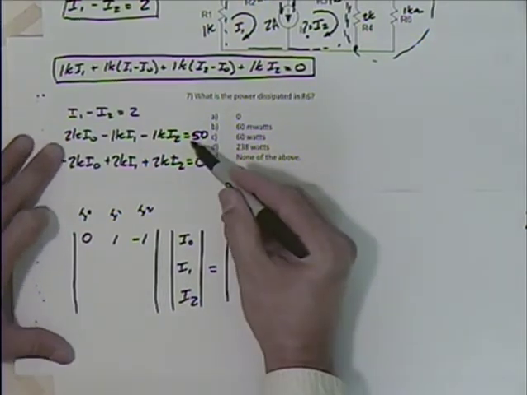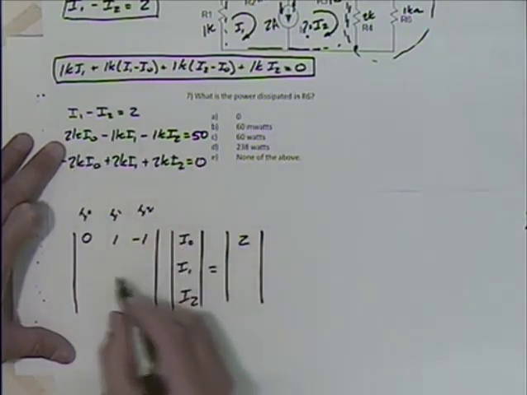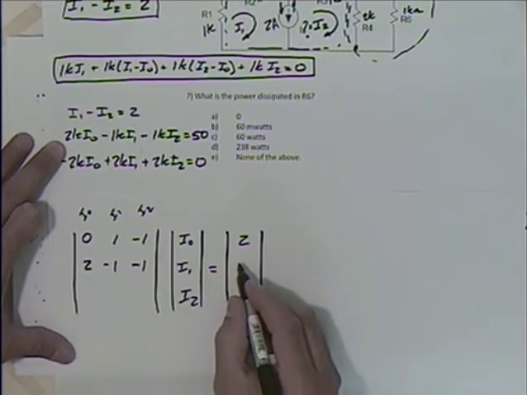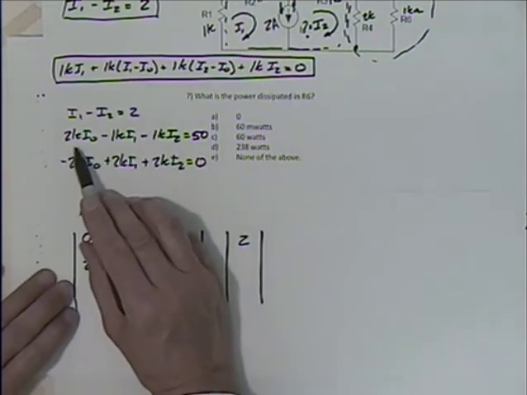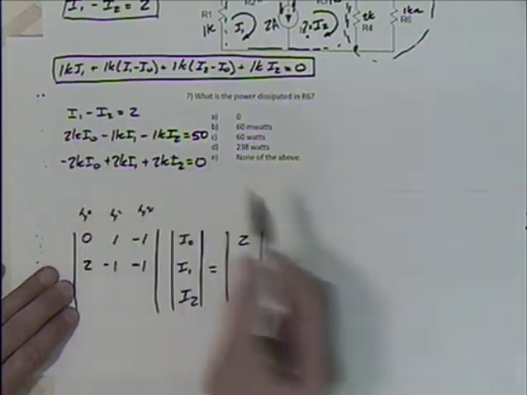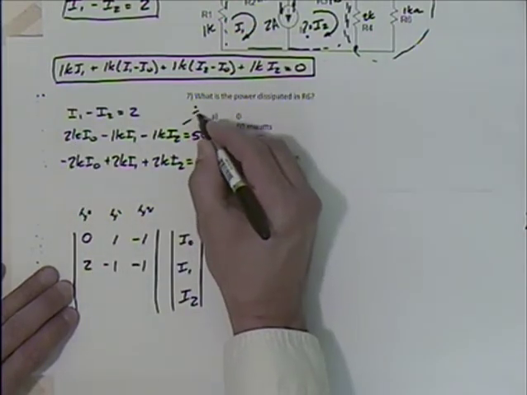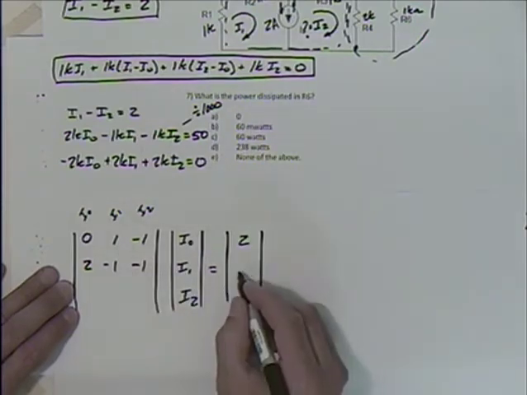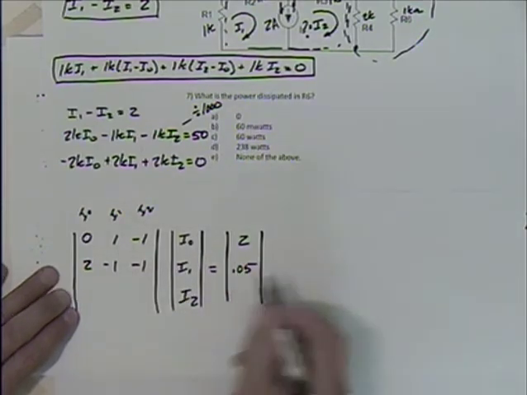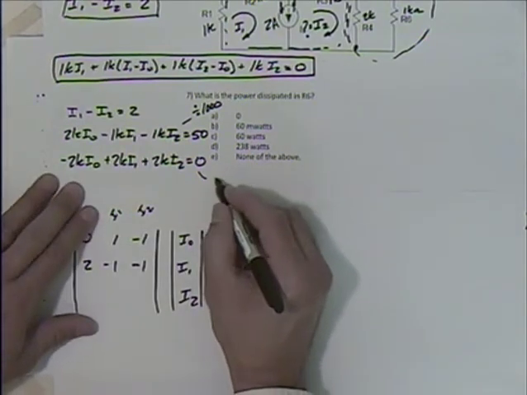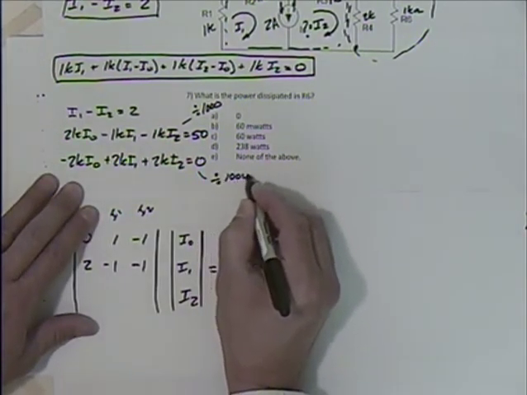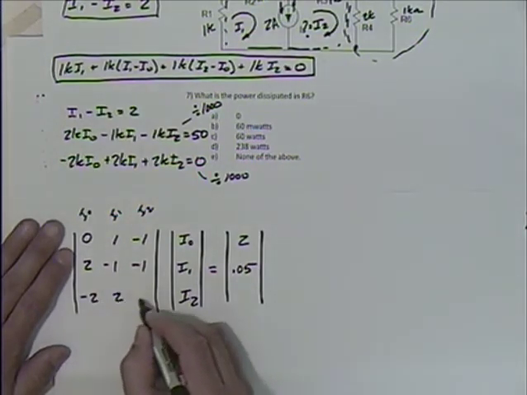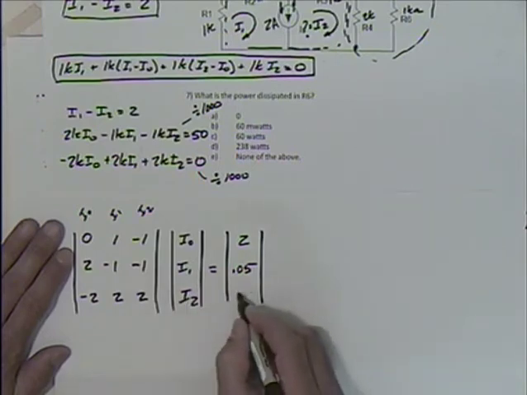Like I said, I multiplied everything in this second equation by 1,000, so I have 2, minus 1, minus 1, and I didn't multiply by 1,000, I divided by 1,000, didn't I? So divide by 1,000. When I do that, I end up with 0.05. And finally, this one I also divided by 1,000. So minus 2 and 2 and 2 is 0.